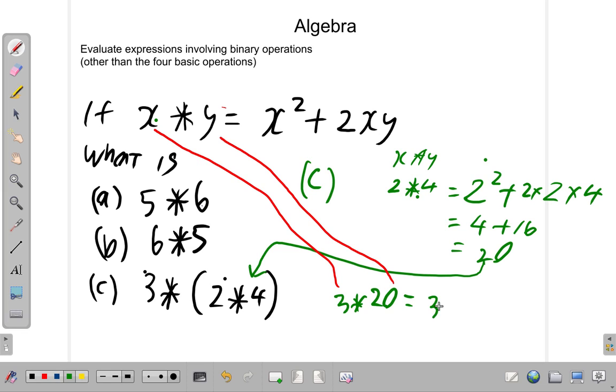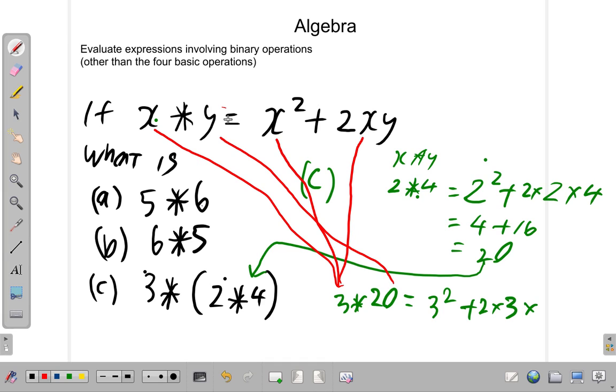So we have 3 squared, right? On the right hand side up here, 3 will come here and it will come here as well. So what you're going to have is 3 squared plus 2 times 3 and then times what happened to the y.